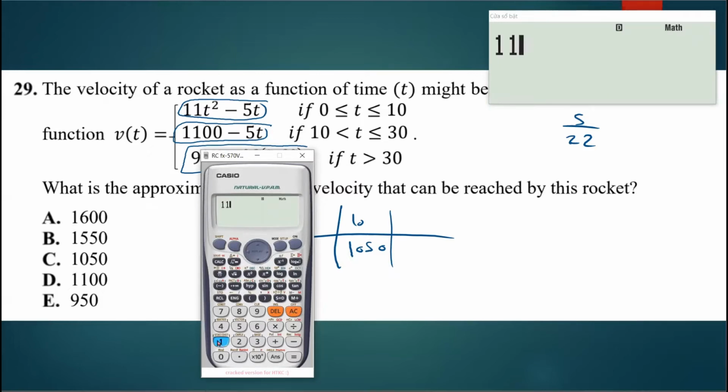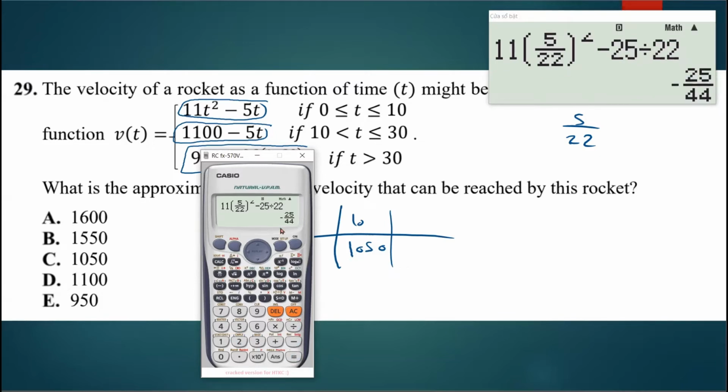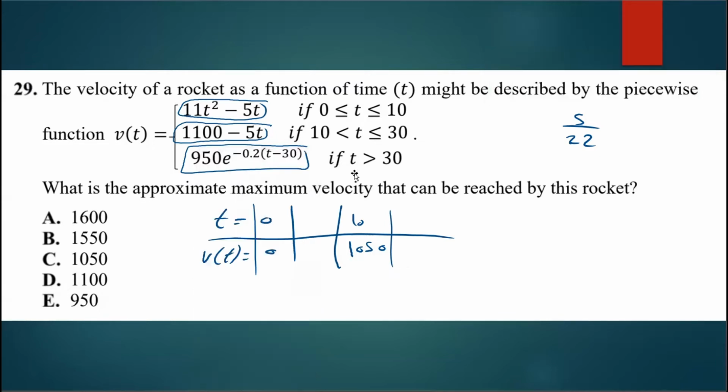Anyway, I will try this. 11 times 5 over 22, all squared, minus 5 times 5 over 22. So it's a negative value, so definitely it is not this one.